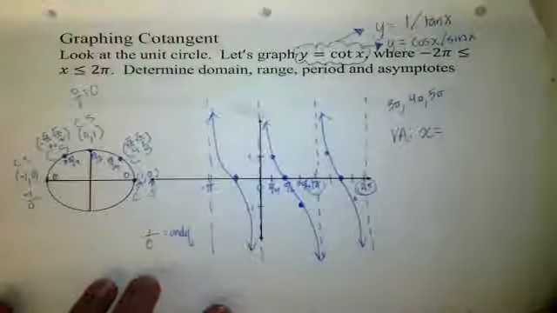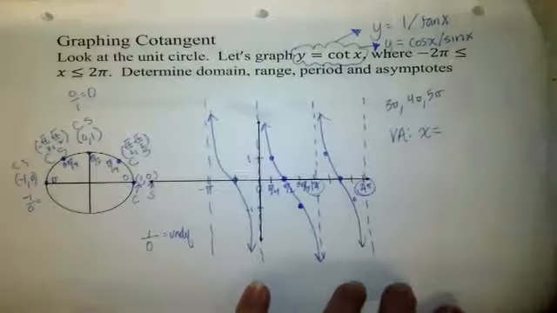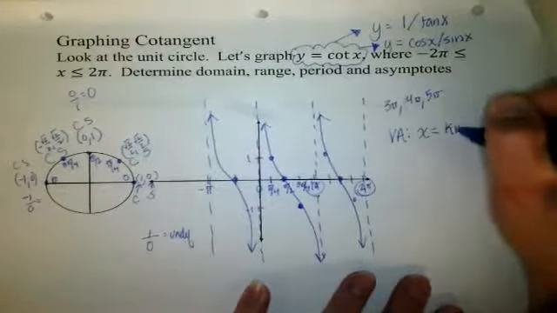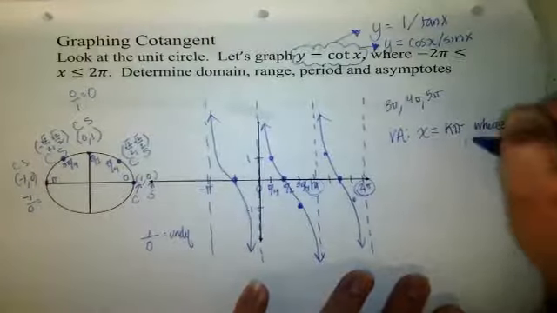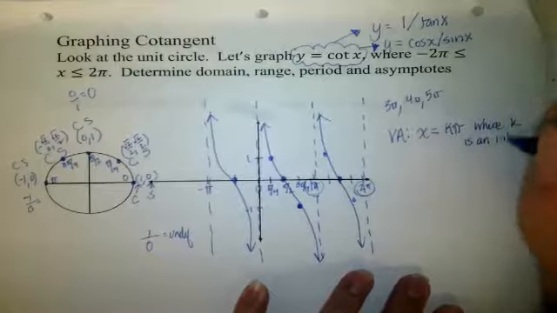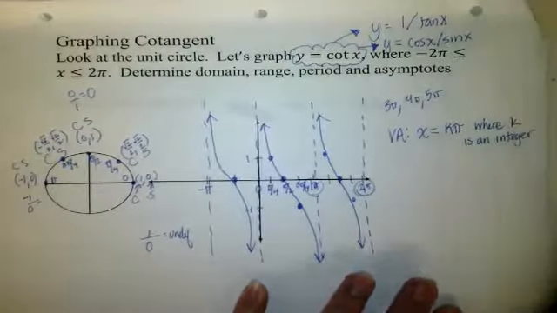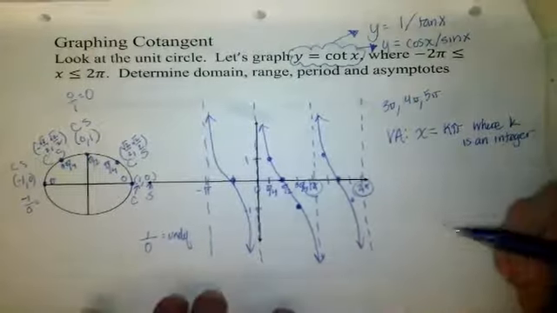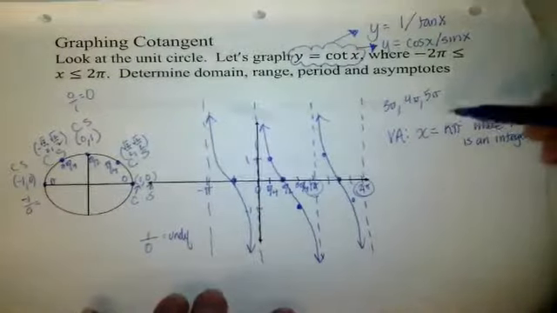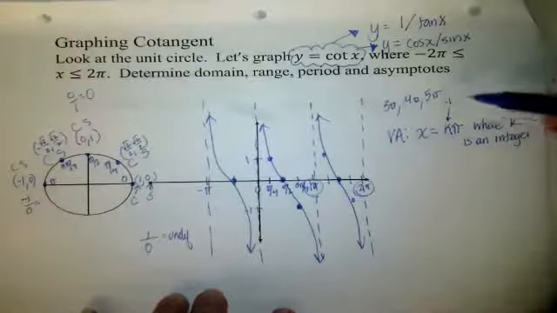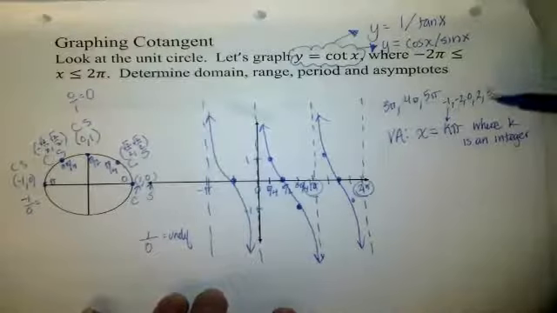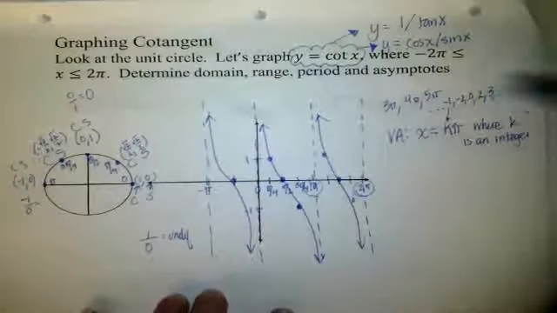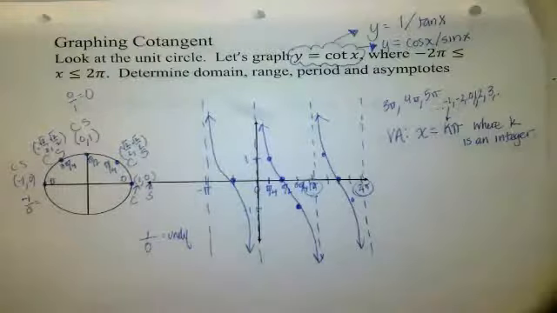I would just say multiples of pi. You could put k pi where k is an integer. An integer, remember, is positive and negative whole numbers. So k represents -1 or -2 or 0 or 2 or 3 and so on. There's a 1 in there as well. So k represents any integer.